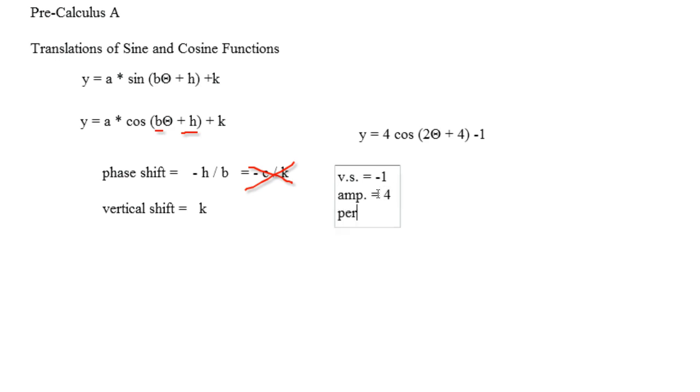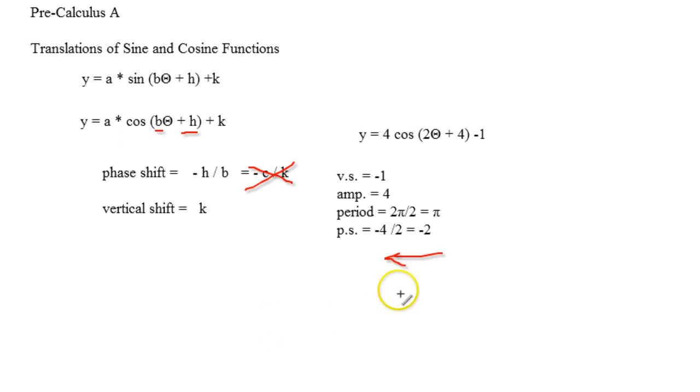Then I would define period. Period would be 2 pi divided by 2, which would equal pi. That's pretty simple. And then phase shift comes next. Phase shift would be negative 4 divided by 2, which would be negative 2. That just means we shift everything over to the left 2 units.